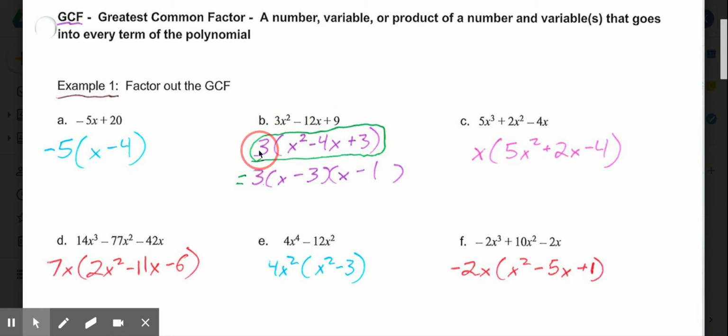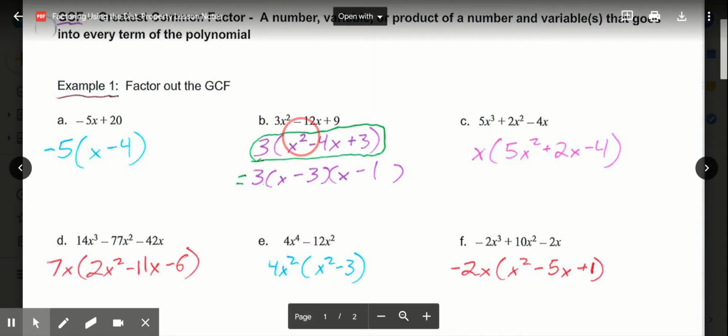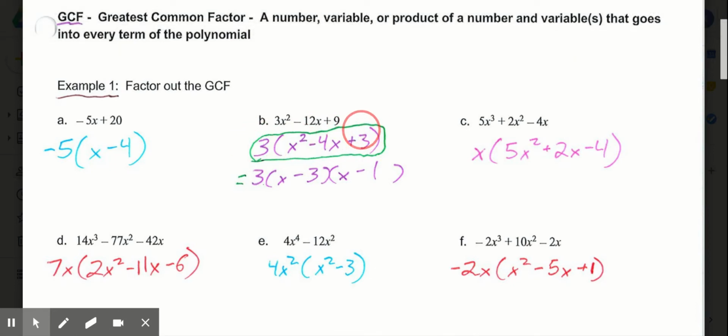So I'm going to factor out the 3, and on the inside, if I divide each of these by 3, I'm left with x squared minus 4x plus 3. For this lesson, we're just going to stop there. There is a way to factor it a step further, which we'll look at in later examples.